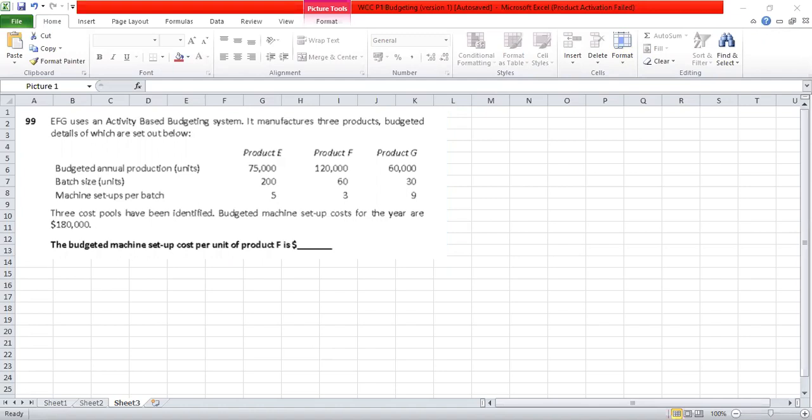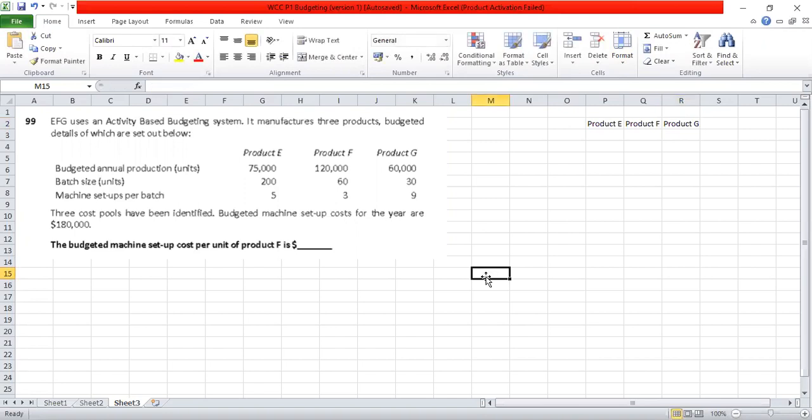Using ABC, the budgeted machine setup cost per unit.